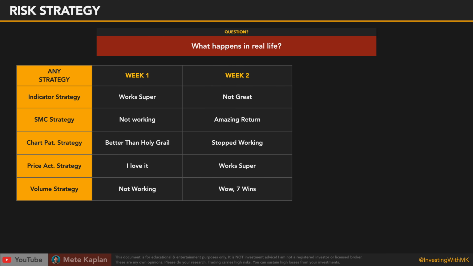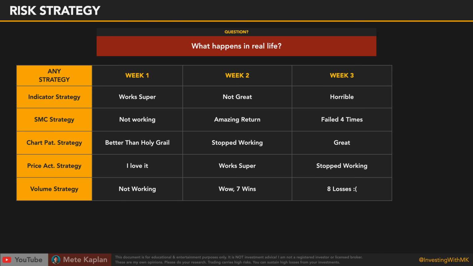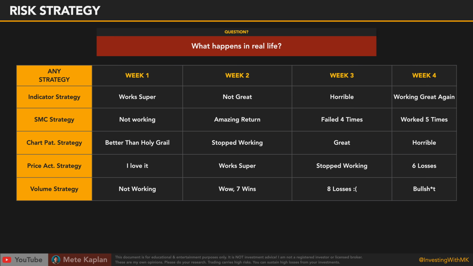But look at the second week. The whole table changes. The strategies that worked great last week are not working anymore this week, and the horrible strategies from last week just started to work amazingly this week. And this kept going on and on and on every single week.